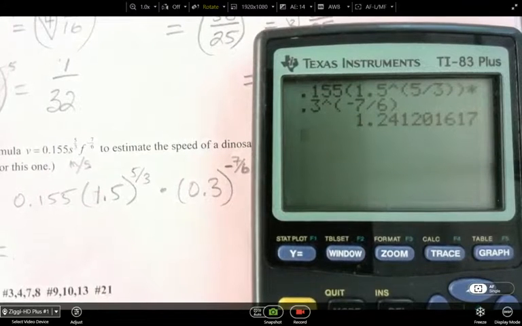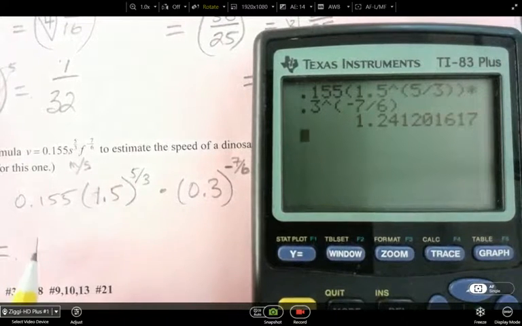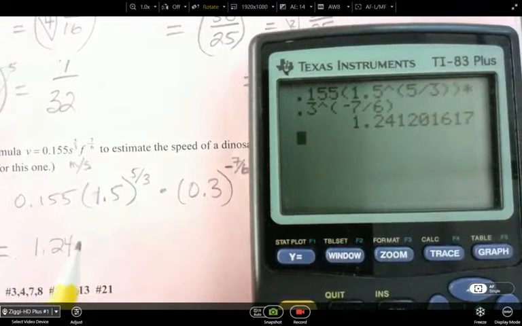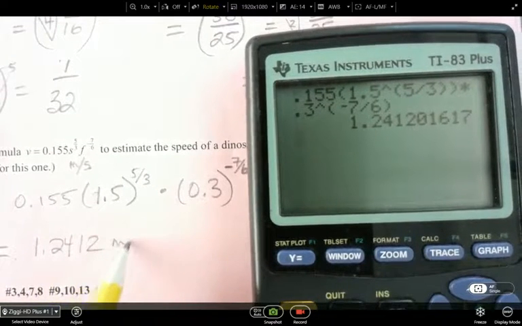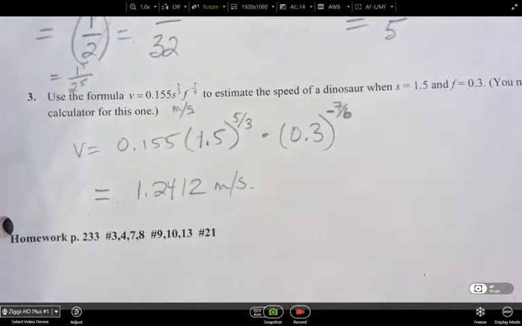And I end up getting 1.2412 meters per second. So that's how fast our little dinosaur is.